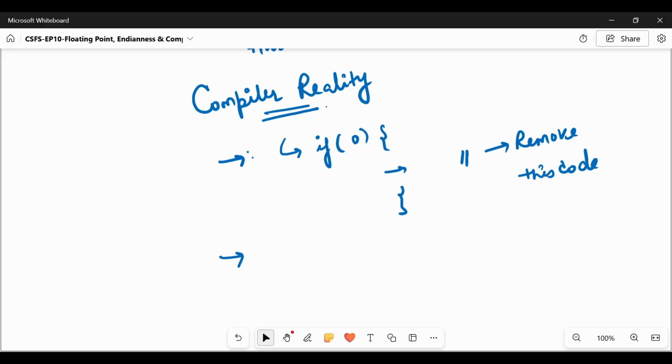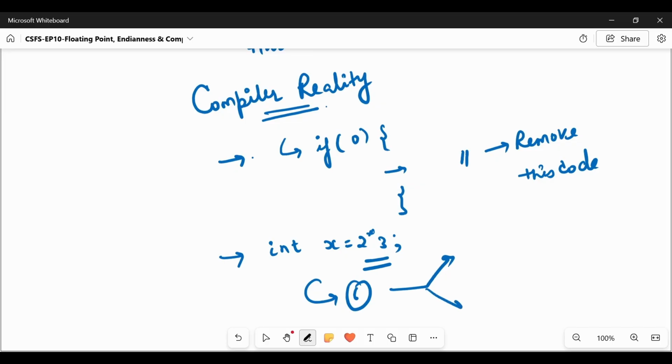It simply reads the first statement and removes the code. Some of the operations are actually done at the compiler level itself. They are not going to check something like x is equal to this; the compiler will produce the result as x. This operation will not be evaluated during runtime. No evaluation. So these things can happen at the compiler level.